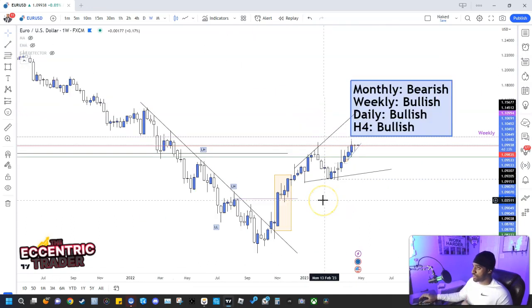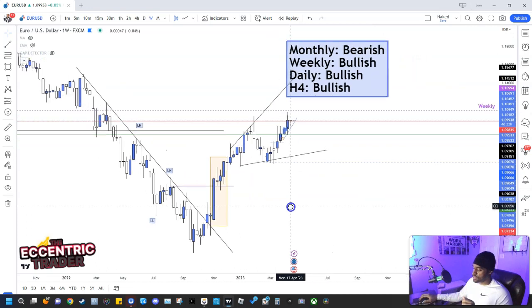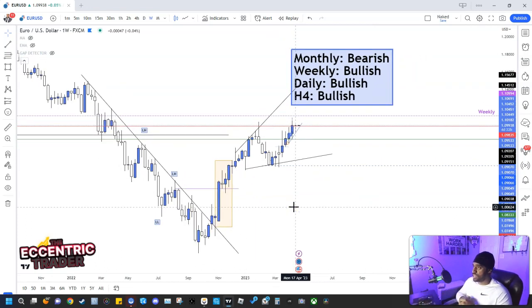Cool. Same thing with UJ. Another thing, it is a little weird right now because UJ and EU are normally negative when it comes to correlations. So when EU goes up, normally UJ is going down, but you can't always go by the correlations.